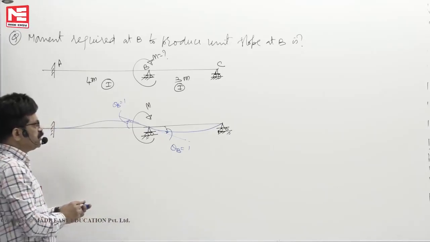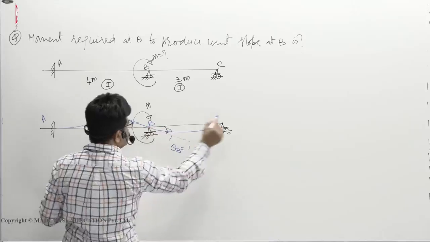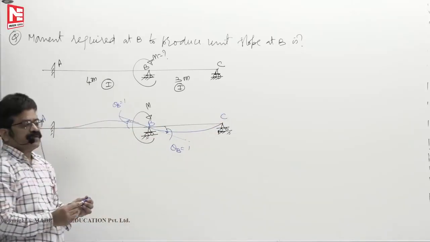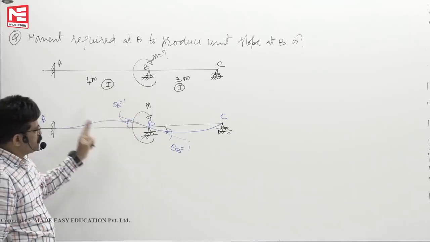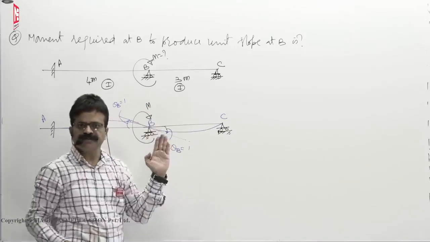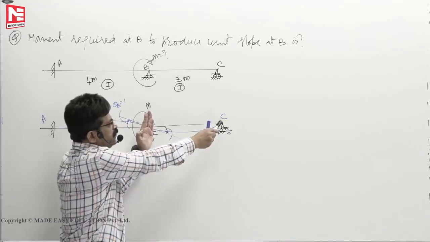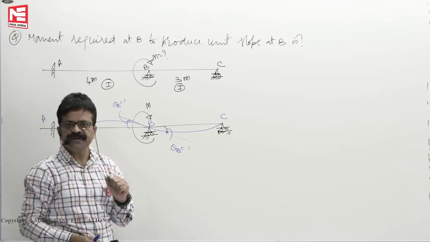Because ABC is a continuous beam, when you are applying moment, both segments will bend. Now, forget about this M and this part. Deal with this deflection profile alone. For this profile, when far end is hinged, how much moment you have to apply so that theta becomes 1?